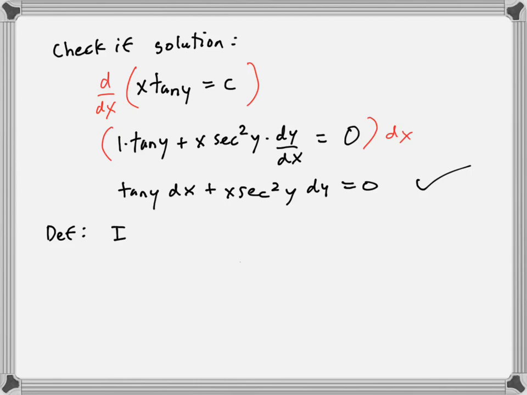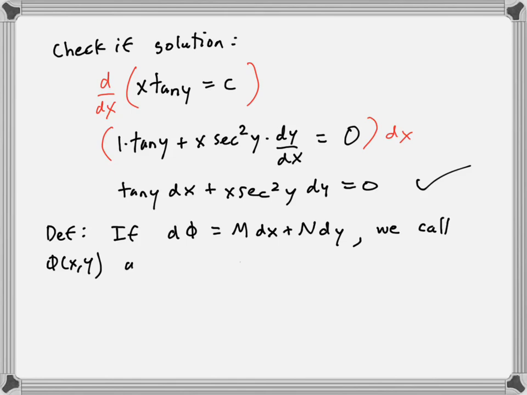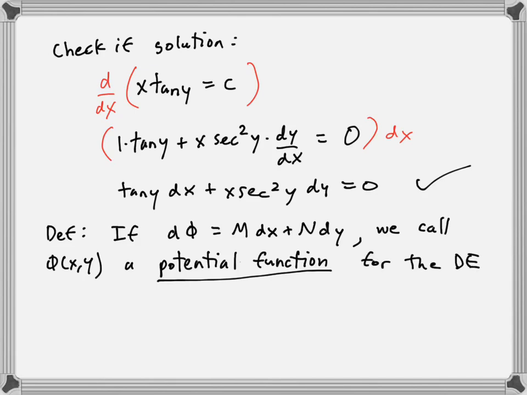So, definition: if the derivative of phi is equal to M dx plus N dy, we call phi of x, y a potential function for the differential equation M dx plus N dy is equal to 0.